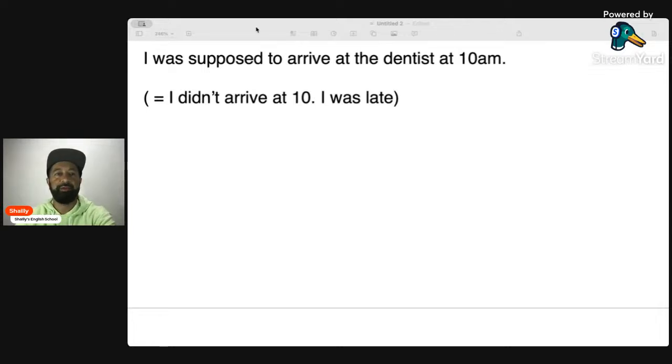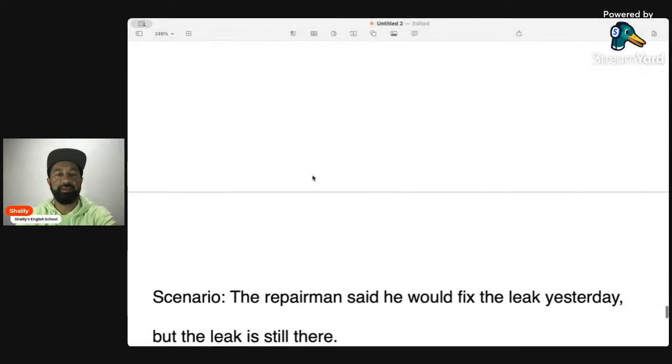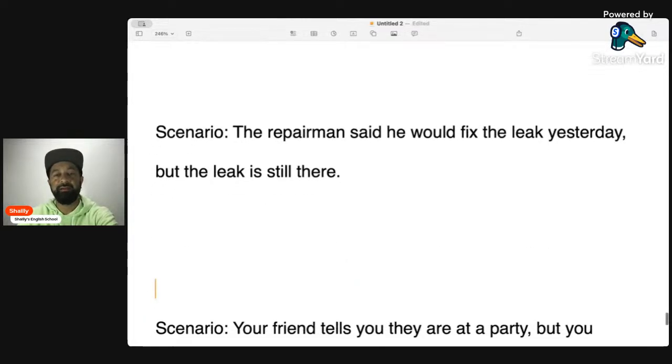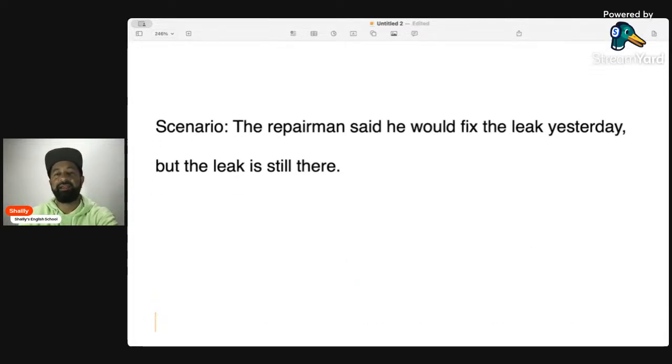All right, so let's look at the next one here. The repairman said he would fix the leak yesterday, but the leak is still there. All right, so what does leak mean? So a leak is when you have a pipe.